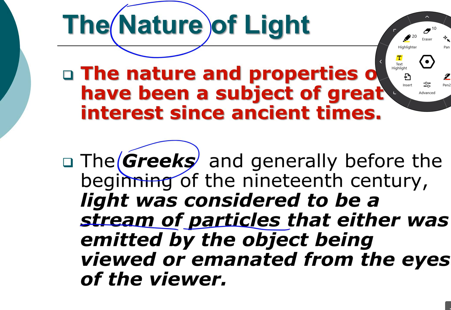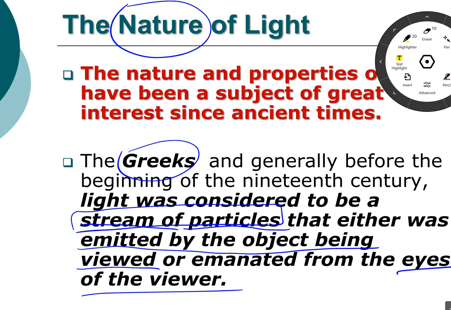So the light beam consists of a stream of particles, and these particles are emitted by the object viewed or emanate from the eyes of the viewer. So they tried to explain how the eye works. The main point here is that they assumed that light consists of a stream of particles.